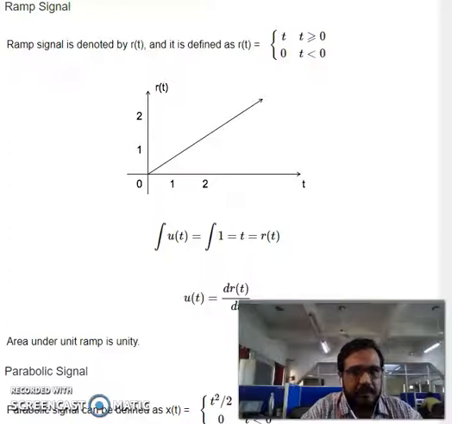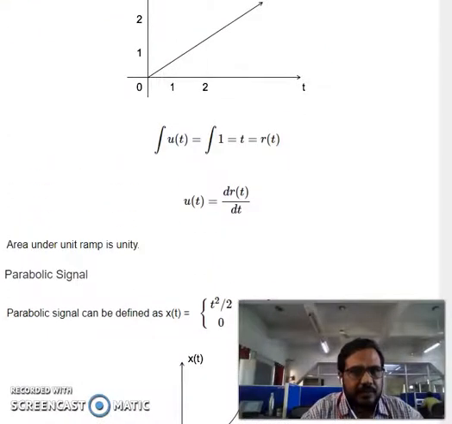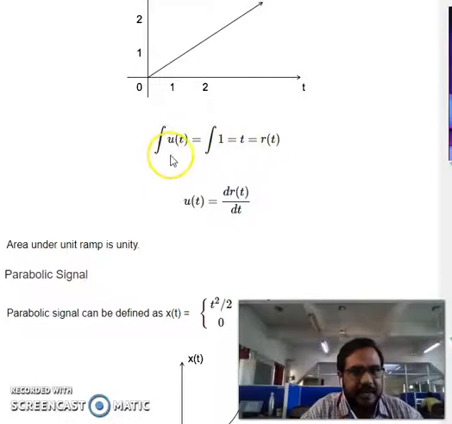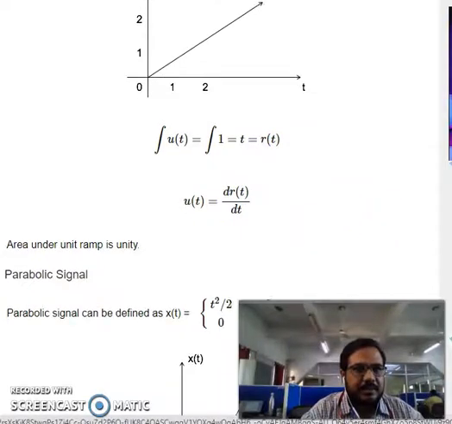Okay, now what is the relationship between the unit step signal and the unit ramp signal? The ramp signal is the integration of the unit step, and the unit step is equal to the differentiation of the ramp.